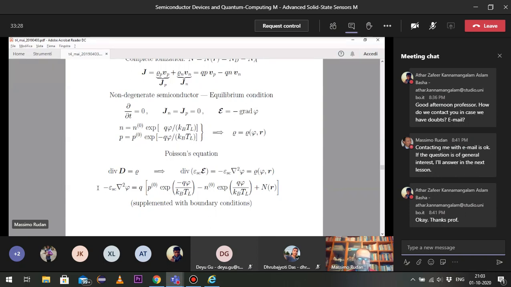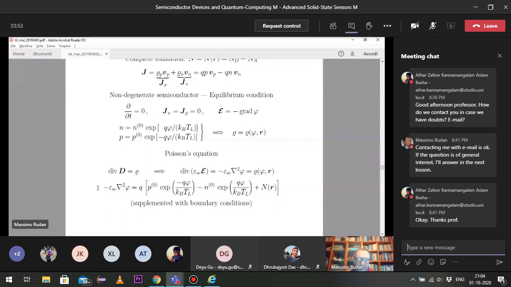Of course, this is the Poisson equation, in which the right-hand side depends non-linearly on the unknown. The unknown function of this equation is, of course, the electric potential phi, because capital N of r is given, is known.